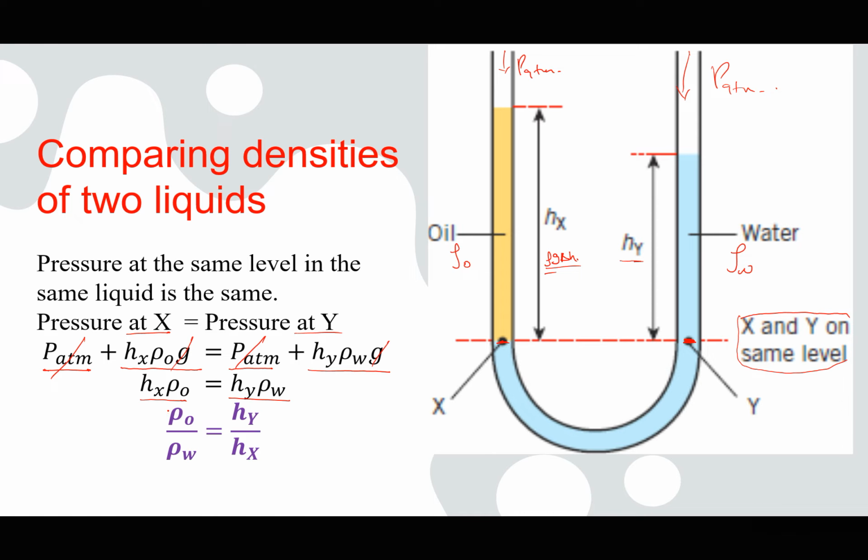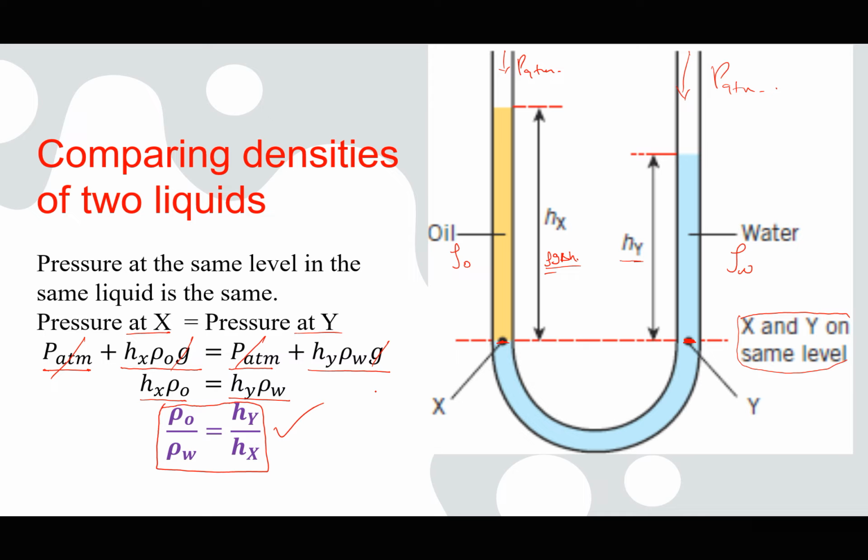If I divide both sides and rearrange, density of oil over density of water is equal to Hy over Hx. So that is the relationship between density and height using the understanding of pressure in liquids.